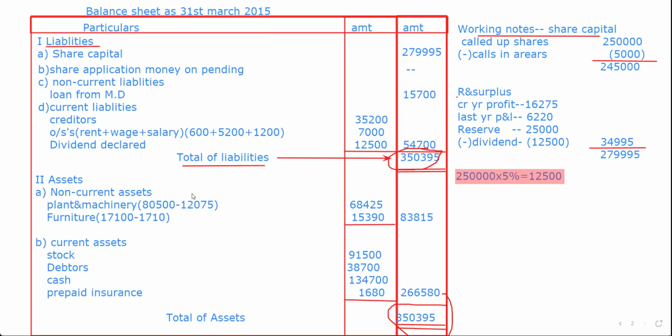So this is the way we are going to do the sum. So hope it is very clear. Keep it in mind. What is the point we have learned? This is the first thing, and this is one more second thing we have taken here. So dividend never is to be shown in your P&L account. Please keep that one in mind.